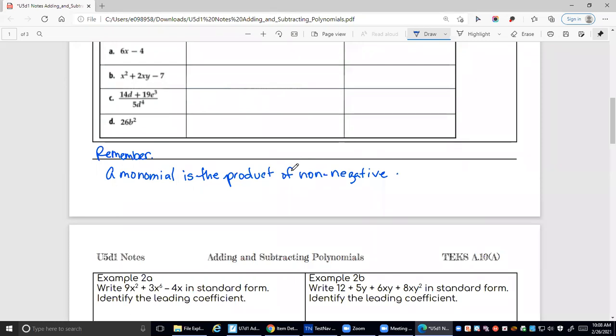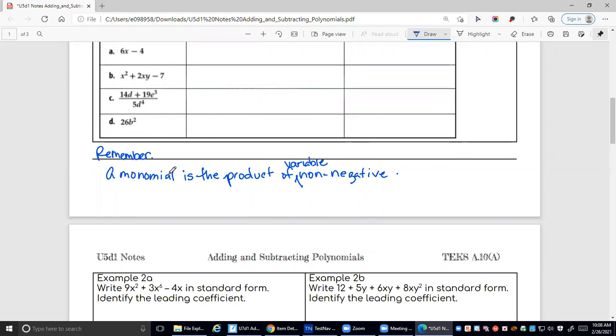The product of, yeah, with non-negative exponents I'm gonna add in here. Variables, products of variables.